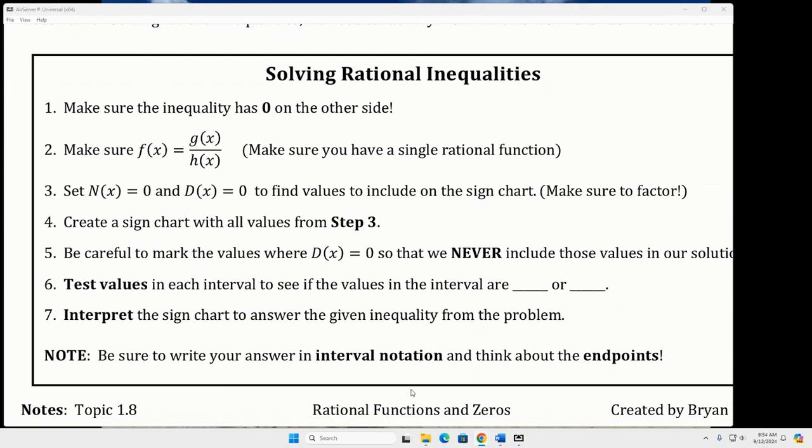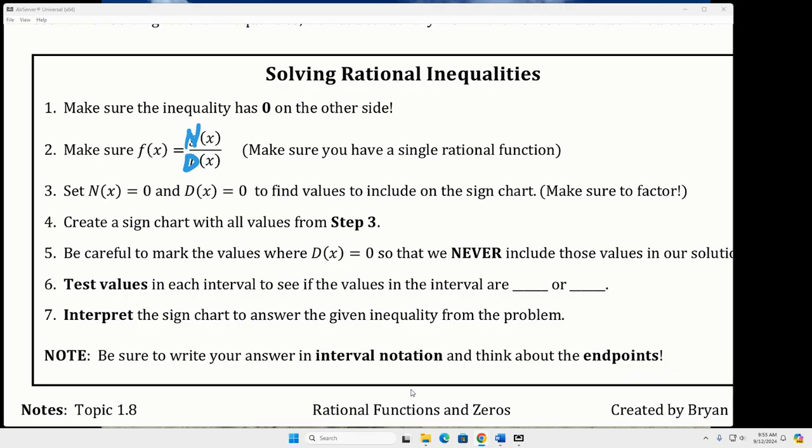Now, there is a typo here because I changed Brian Passwater's notes just a little bit. I like to call the top function the numerator, or n of x, and the bottom d of x. I just forgot to change it on that one little part. Okay, so I'm just going to kind of talk about the steps as we do them.